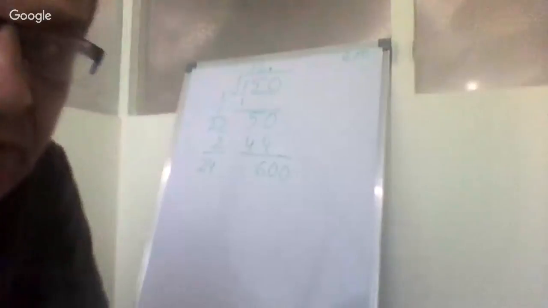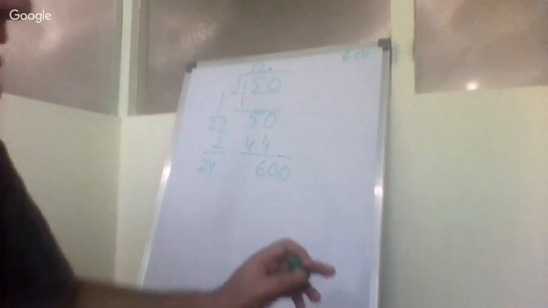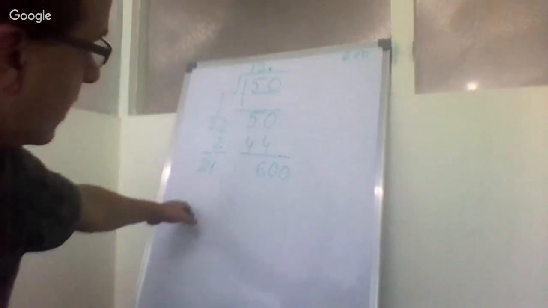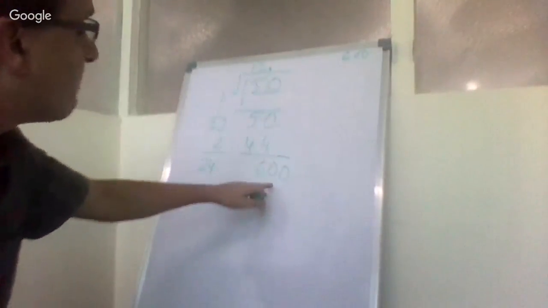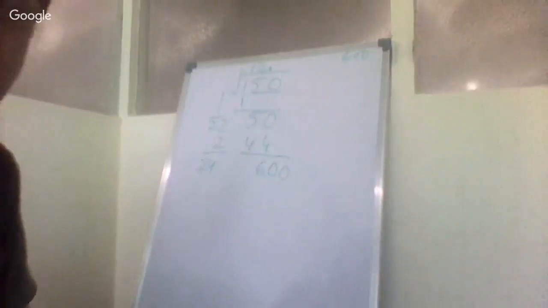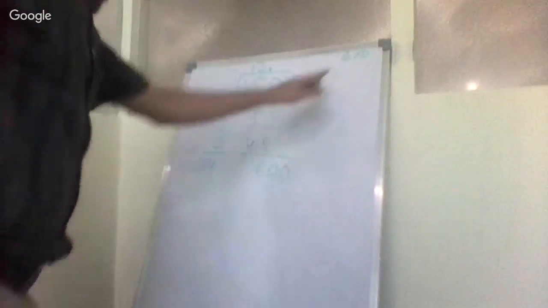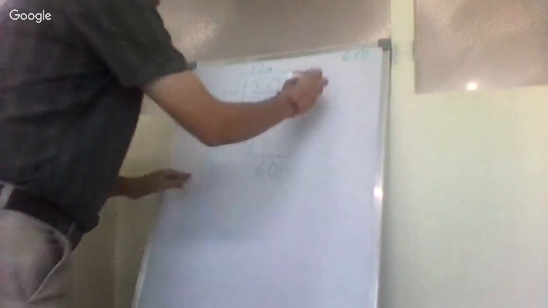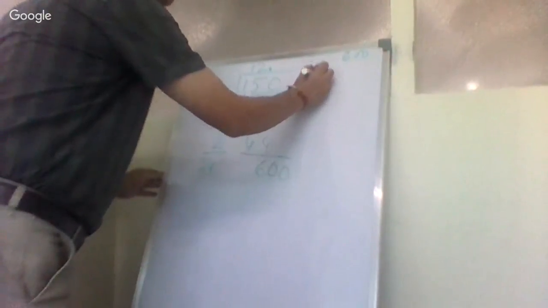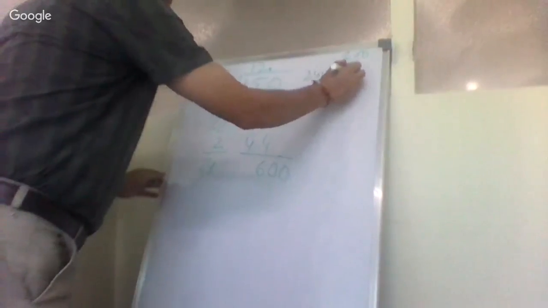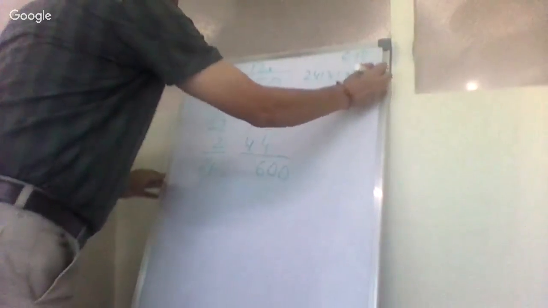In case of division, we always put 1 0. In case of square root, we always put 2 zeros, right? So whenever we put a decimal point, we put 2 zeros. In case of division, we put 1 0, right? So 2 zeros over here, 600 we got, and here it is 24. So again, the same steps, 241 multiplied by 1 is equal to 241.